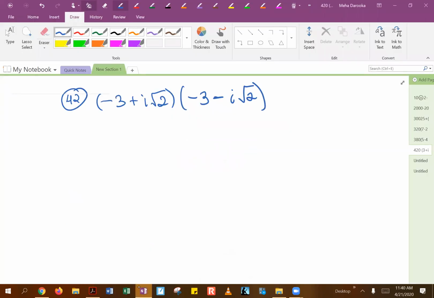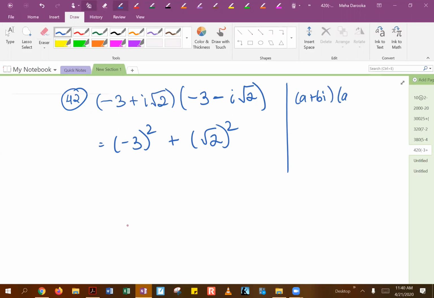Okay, so you are taking the first term squared, it'd just be 9, plus the second term squared, right? So you actually don't need to bring the i with it at all, because it's a squared plus b squared, right? So it's just 11. It will be 11. Yes, very good.